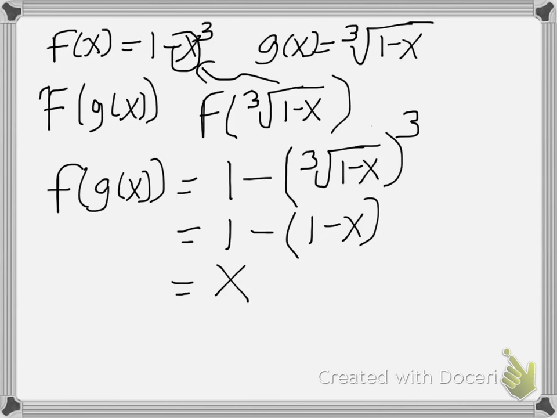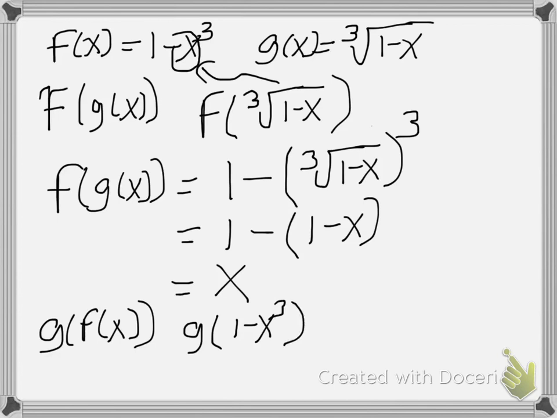Okay. Now, in order to make sure that you prove it, it has to work both ways. Okay. So we still need to find g of f of x. So this time, I'm going to take 1 minus x cubed and plug it in everywhere where I see my x in the other one. So I have g of 1 minus x cubed. Okay.